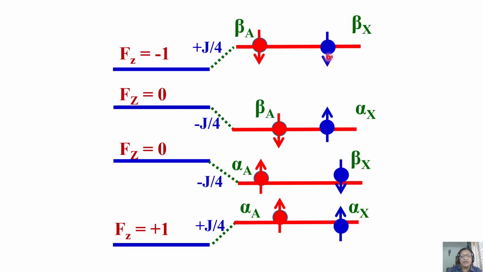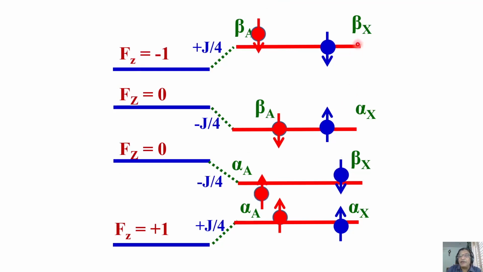This is -1 to 0. This transition is allowed. Which is the transition? Beta X is getting changed to alpha X. See the difference? Beta X is getting changed to alpha X. Okay, we'll start with this one. Here, alpha A is getting changed to beta A. This is an allowed transition because 0 to -1 and -1 to 0 is also allowed.